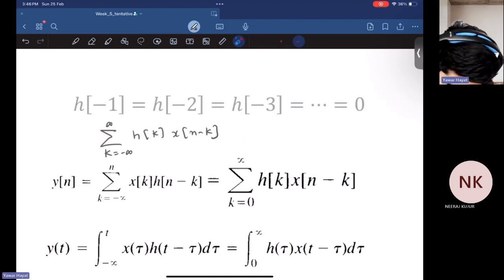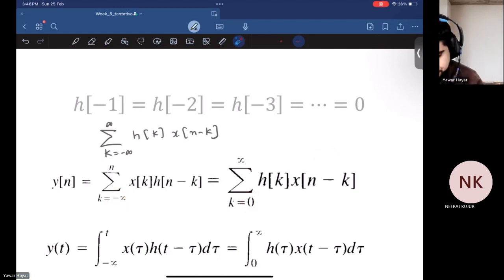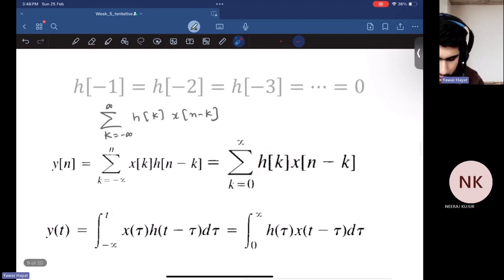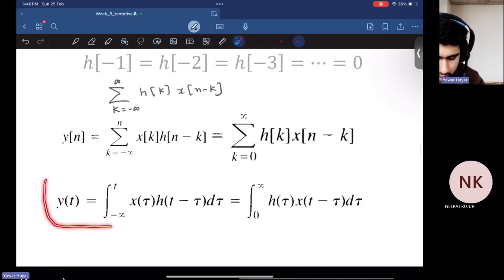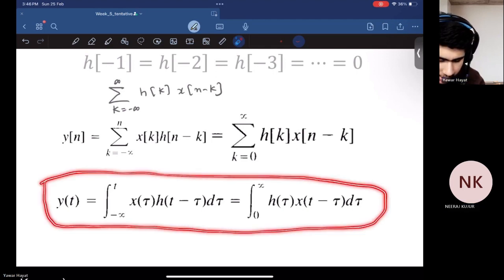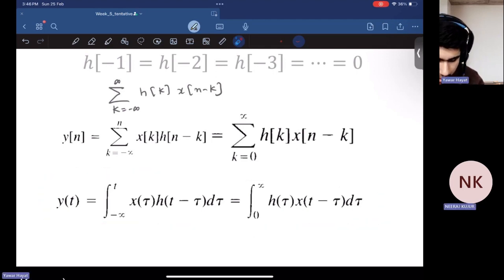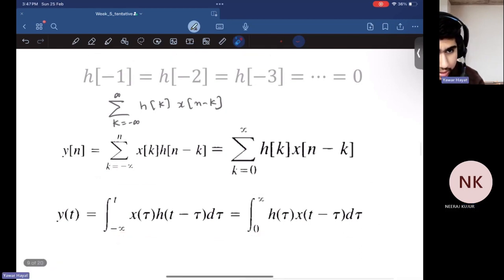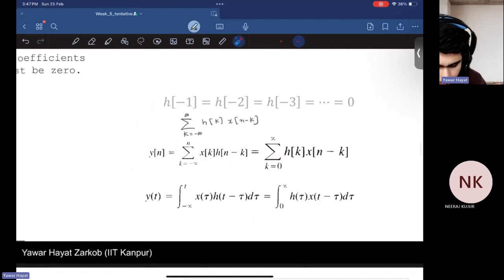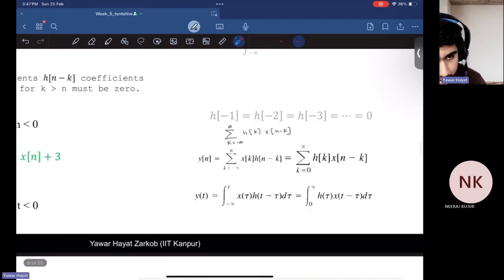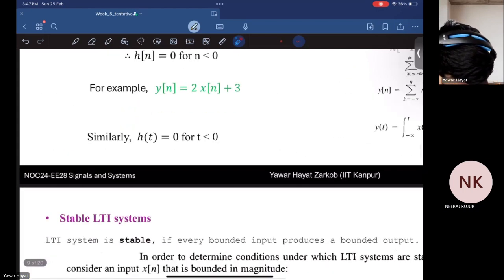That is why I can change the minus infinity to 0, because prior to that the summation would be 0, since h of k would be 0. Similarly, this is the case with the continuous time case. We replace minus infinity by 0 by making use of the commutative property of convolution.